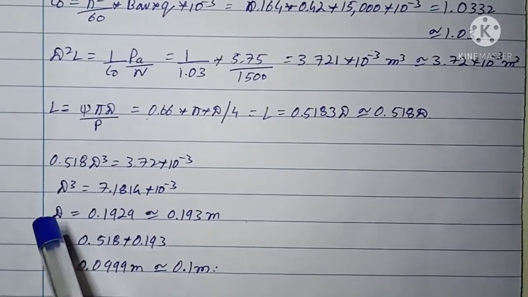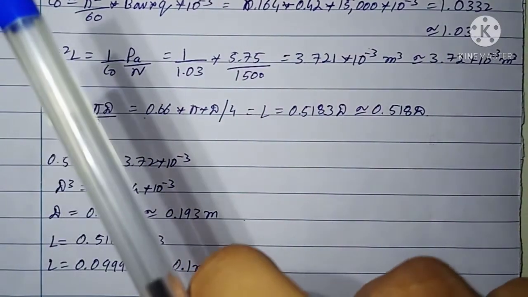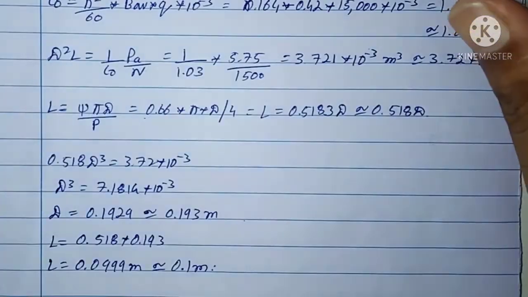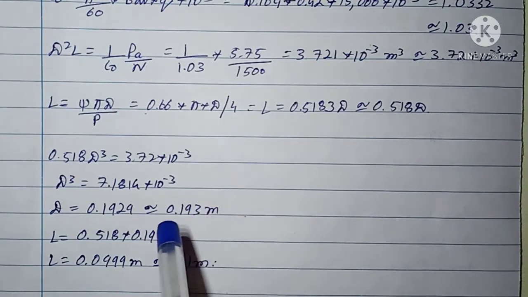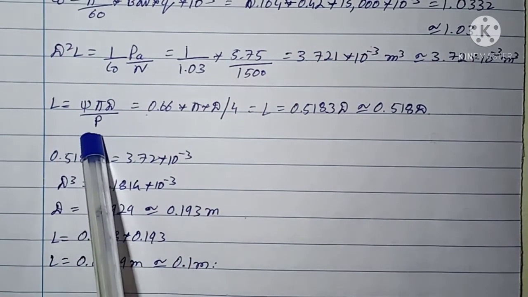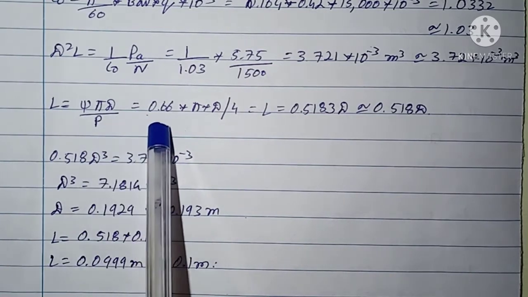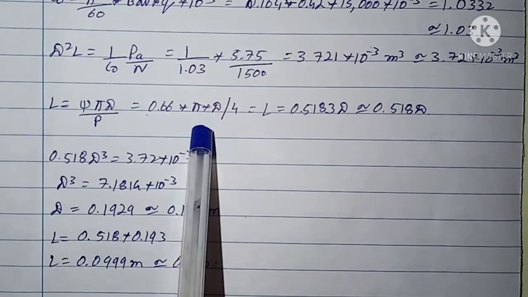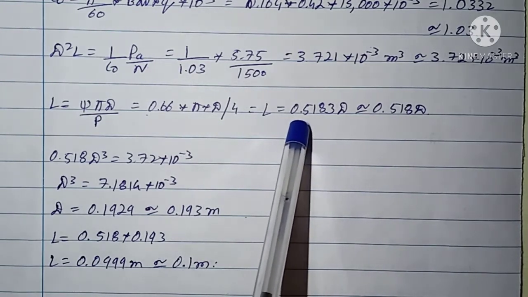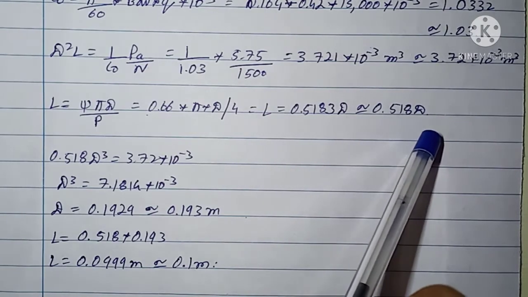And then the equation L is equal to psi pi d by p, which is 0.66 into pi into d by 4. Therefore L is equal to 0.5183 d, approximated to 0.518 d.